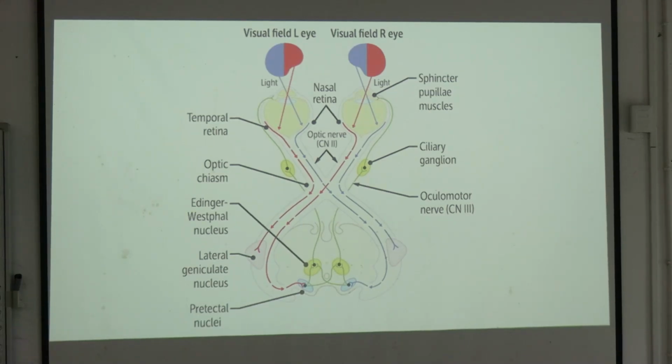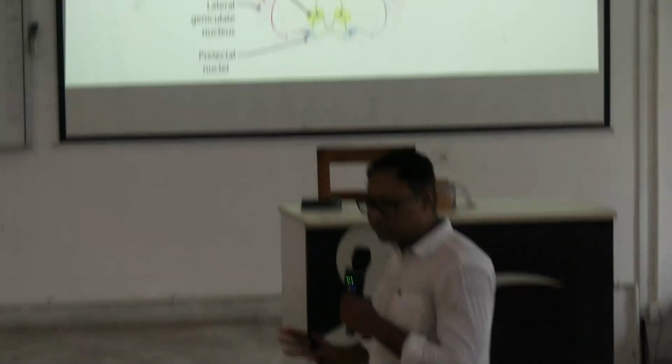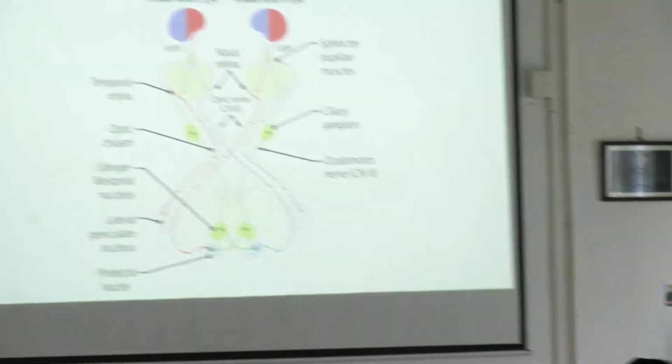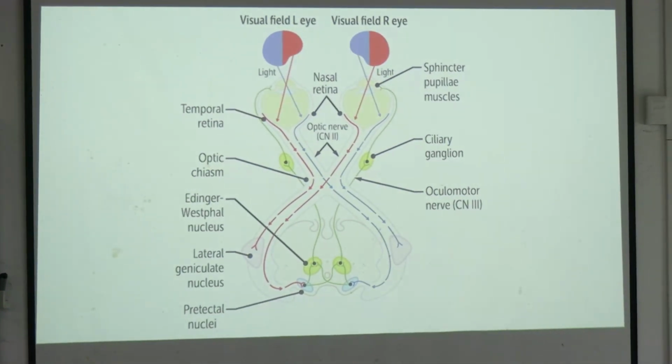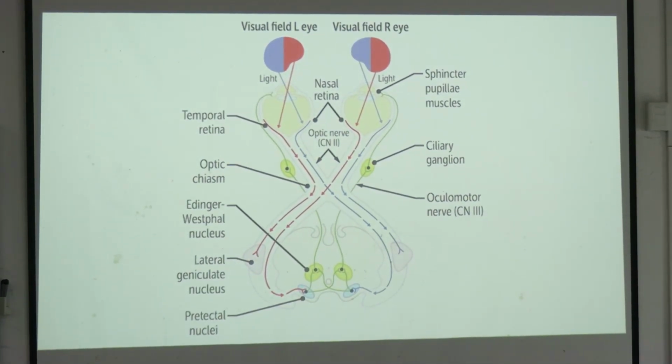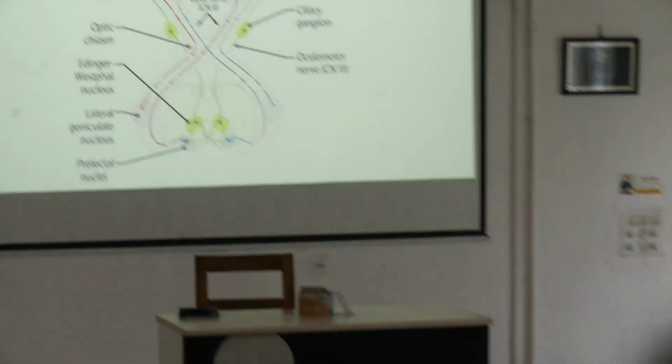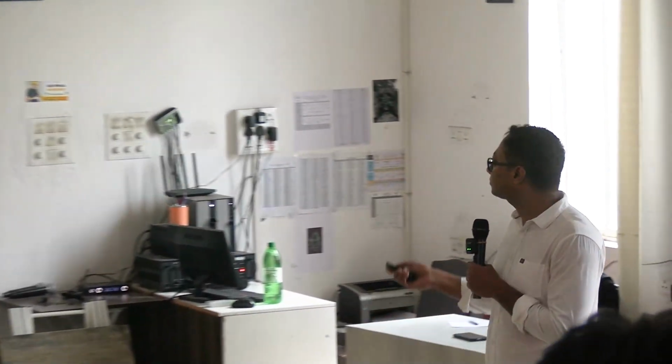So this is the basis of direct light reflex and consensual light reflex. When light is shown into one eye, both pupils will constrict, because the pretectal nucleus has divergence into both the right and left Edinger-Westphal nucleus. This is the basis of consensual light reflex.